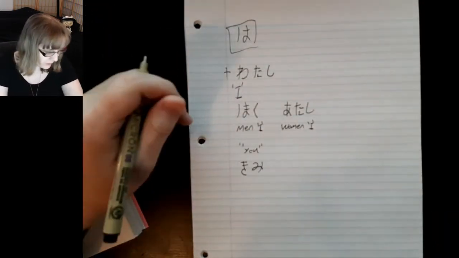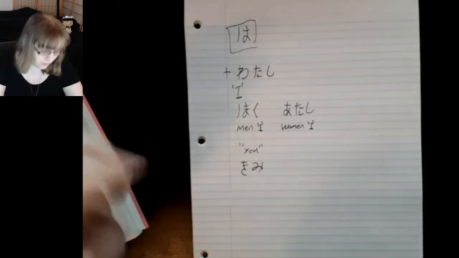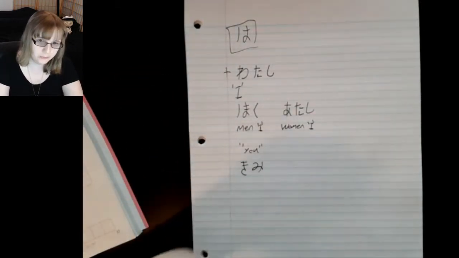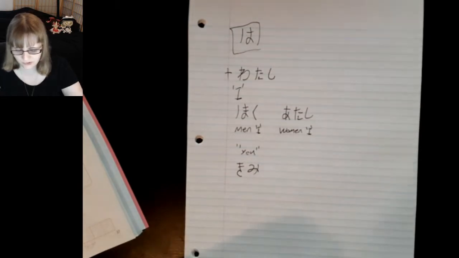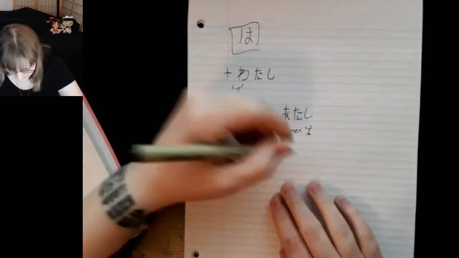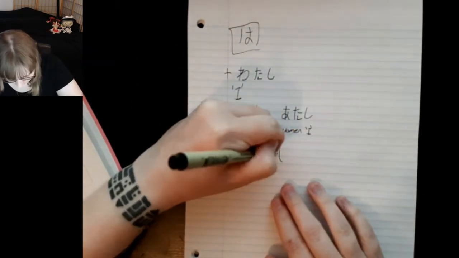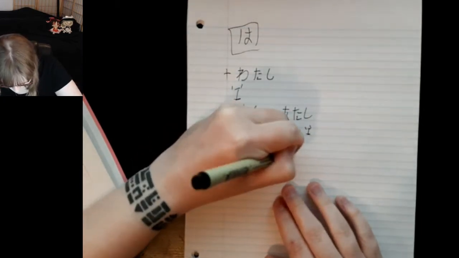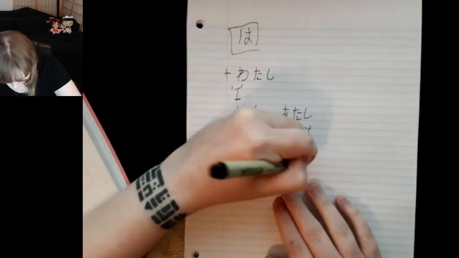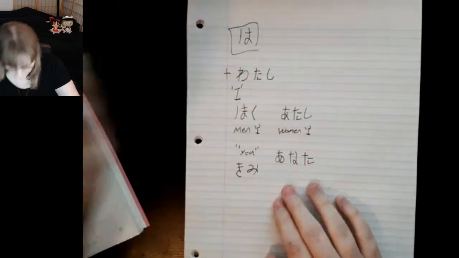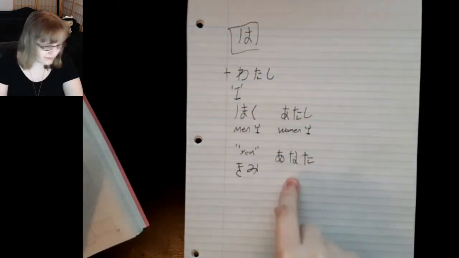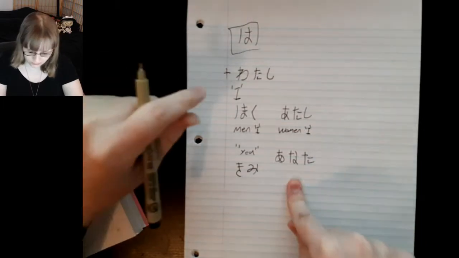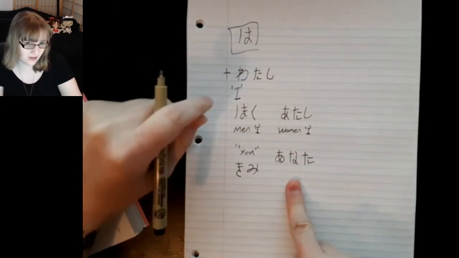Now, another thing I want to make absolutely clear: if you'll notice in translators, you'll often see anata as you. Anata is a way of saying you, but it's something lovers often say.